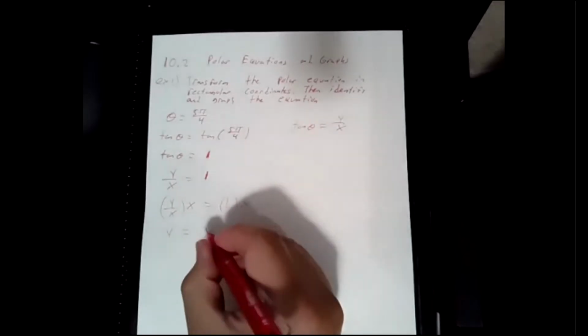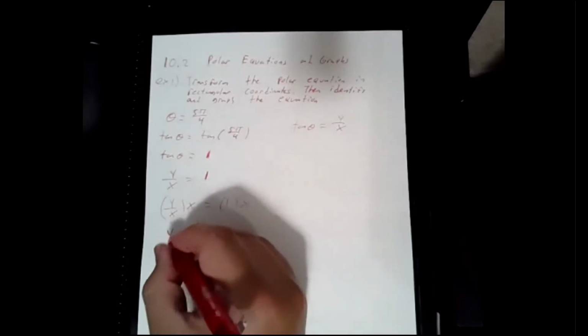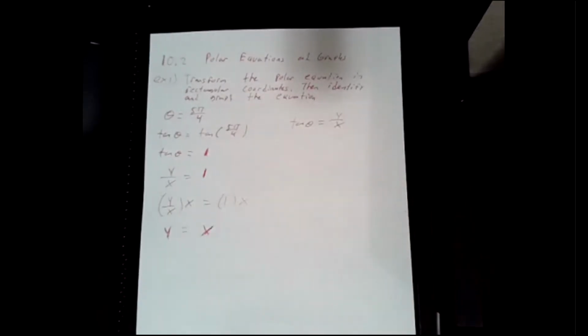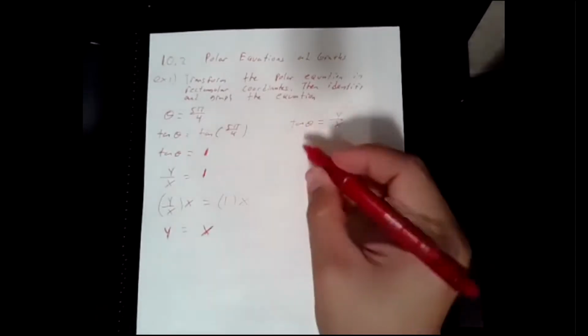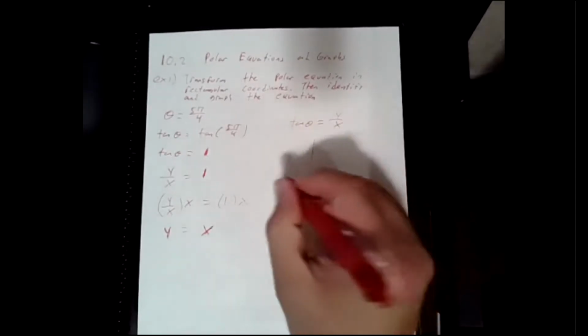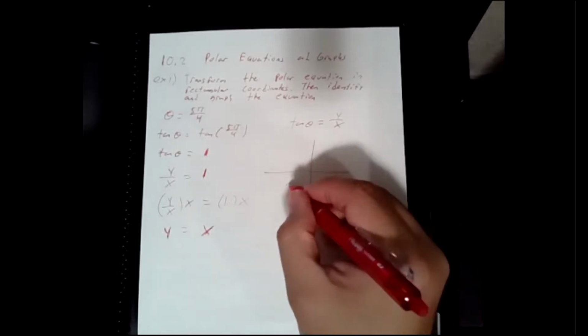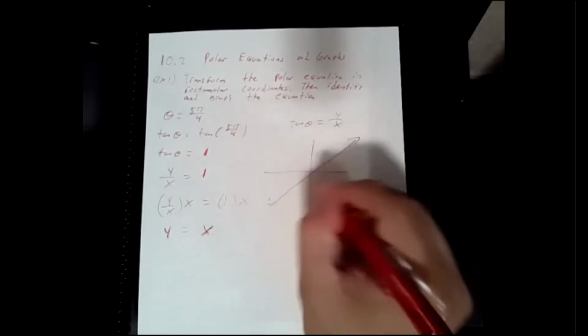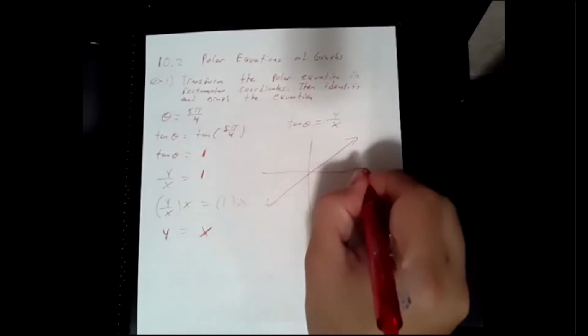So this line is the same as this polar equation. Honestly, it's just a y equal x line, right? Straight through the 45-degree angle area. Oops, missed the center, but whatever. There we go.